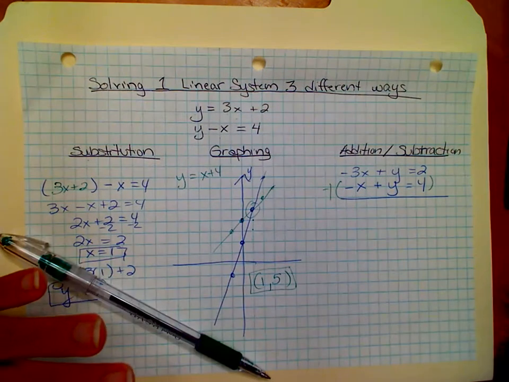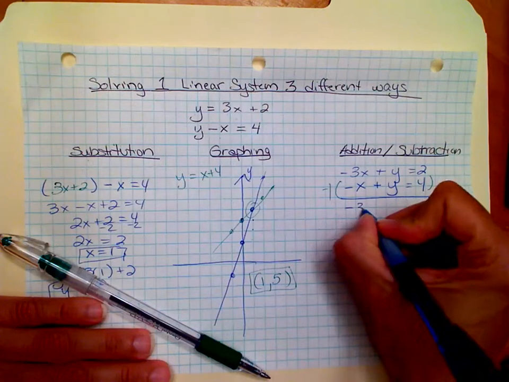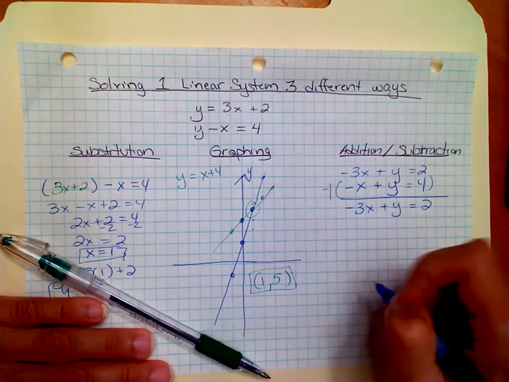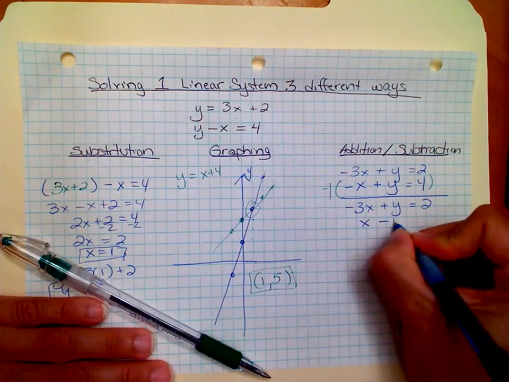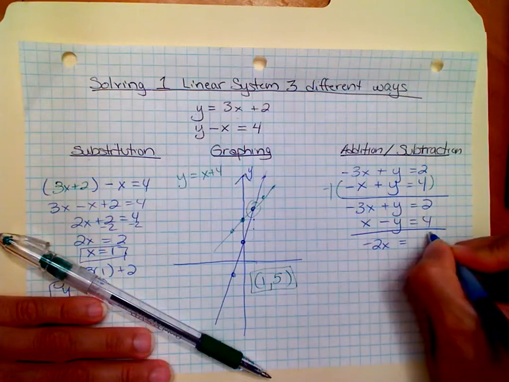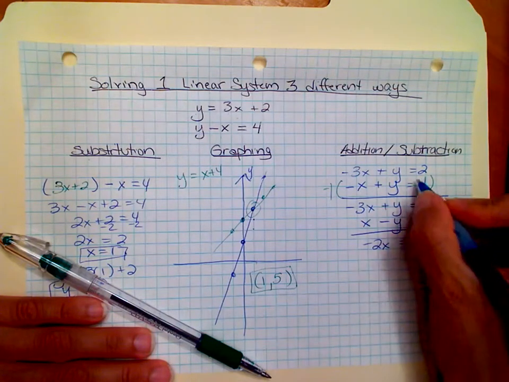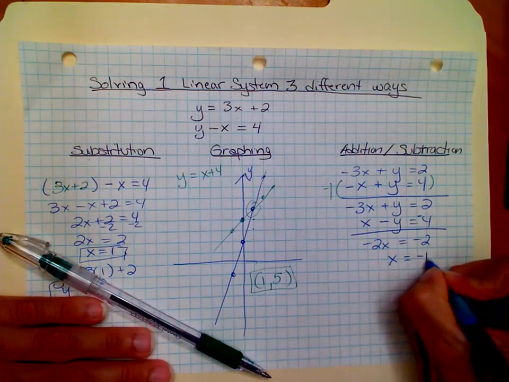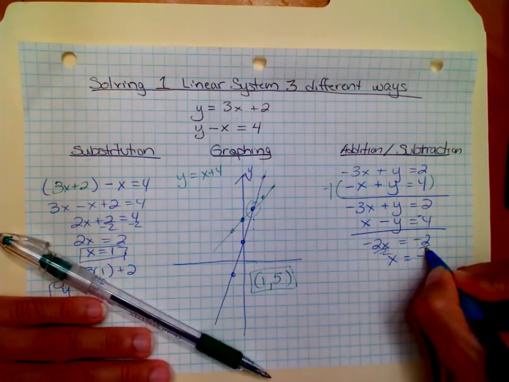Or you could subtract as well. But I like to add, so I usually do that. So I'm going to rewrite that first one, and then I'm going to change all the signs on the second one. And when I do that, I get a negative 2x equals, did I forget to change the sign on the 4? I did, negative 2. So x equals 1 when I divide both sides by negative 2.